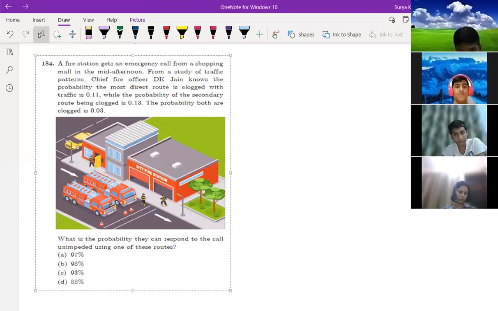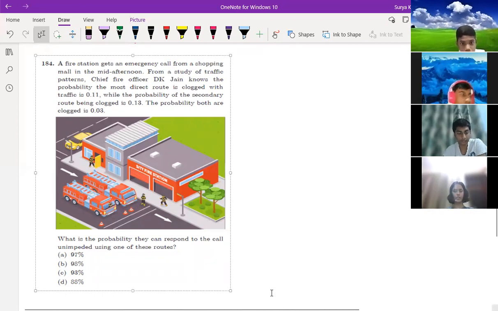Yeah, tell which option is correct over here. What is the probability that they respond to the call unimpeded using one of the routes? Sir, 90. I think this answer is incorrect. What is unimpeded?